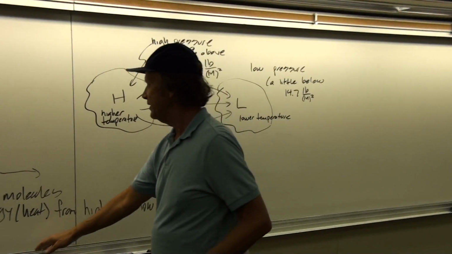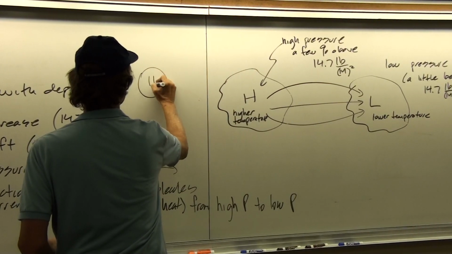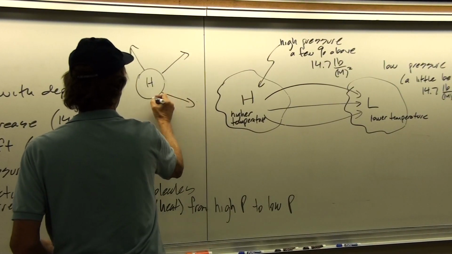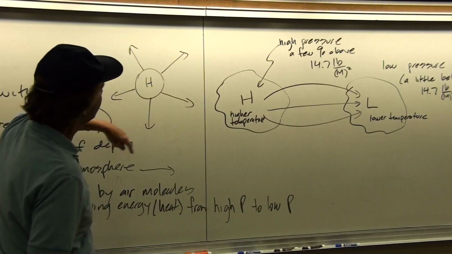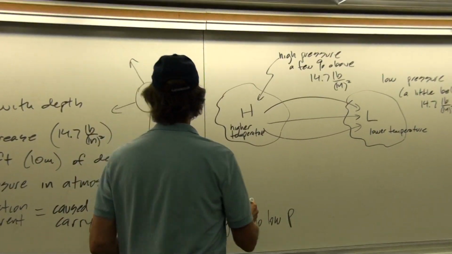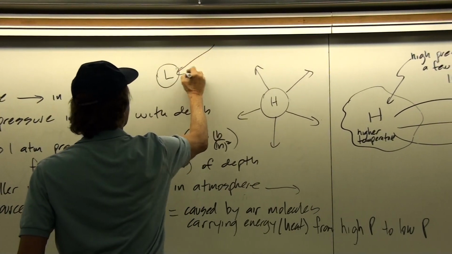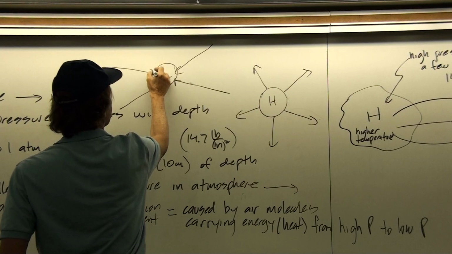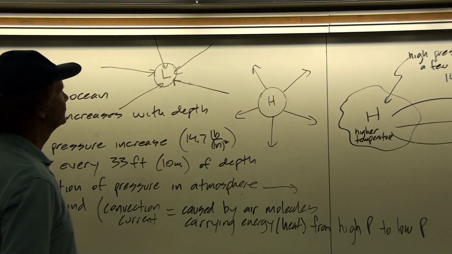And so normally then in a high pressure region, if there aren't any other influences, we can draw the flow of the air as being away from high, if everything else is lower pressure around it. And if we're dealing with a low pressure air mass, we can say that the air, if everything else is equal, is going to tend to flow inward toward a low, like that.